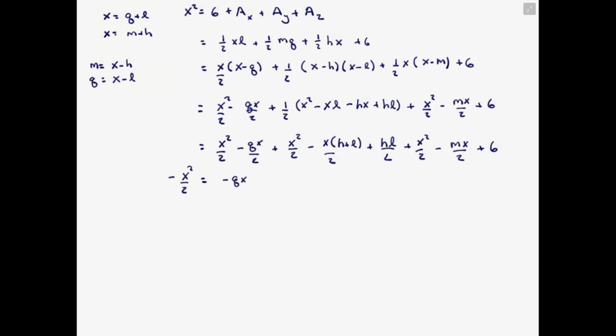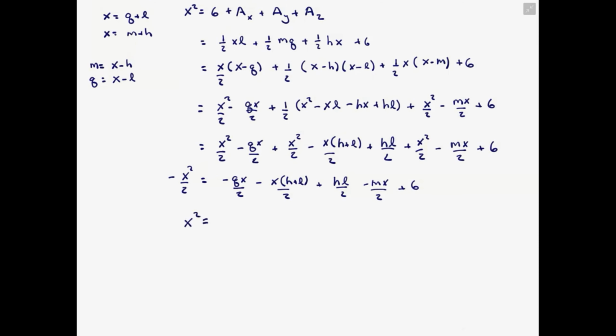minus qx on 2 minus x times h plus L on 2 plus HL on 2 minus mx on 2 plus 6. Let's multiply across.